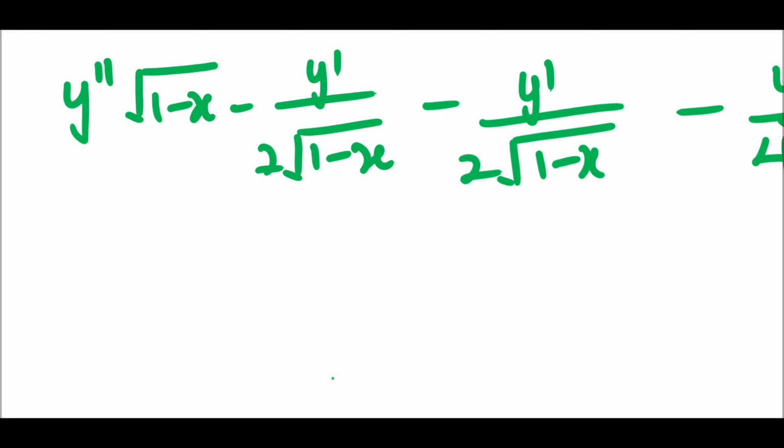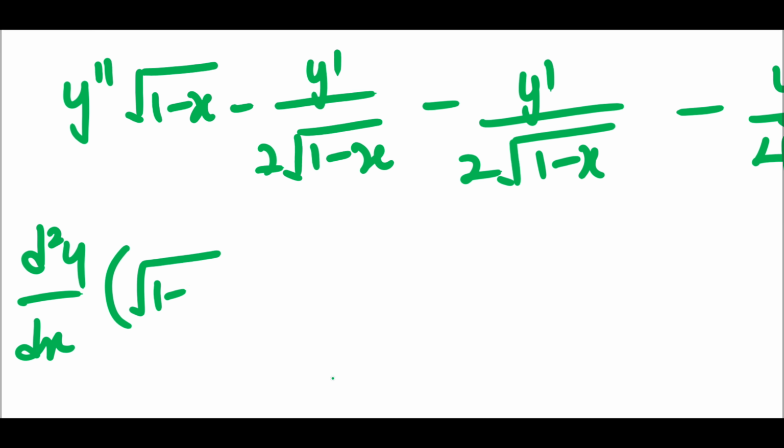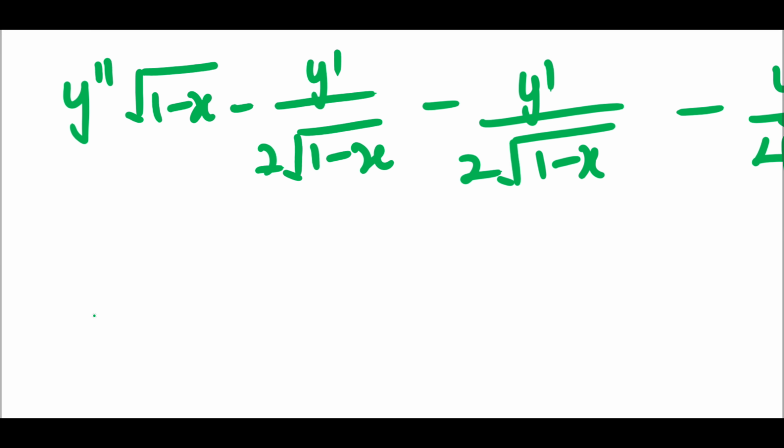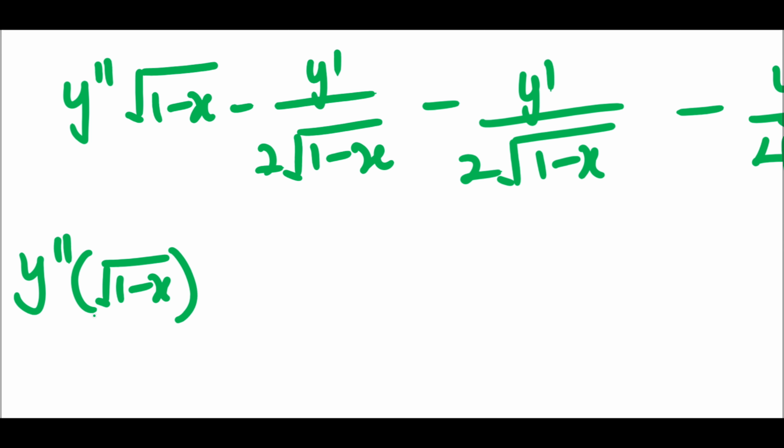So now we can write this side as the 2y, the x squared, multiplying square root of 1 minus x. Okay, let us simplify first. So let us maintain our y prime prime multiplying the square root of 1 minus x. Then here minus y prime over 2 square root of 1 minus x.